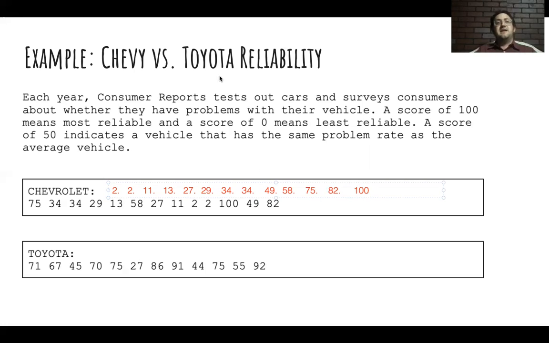Yep. And then I like to find the median. So I'm just going to put dots until I find the median. And this is an odd number of data. So right there is the perfect median.